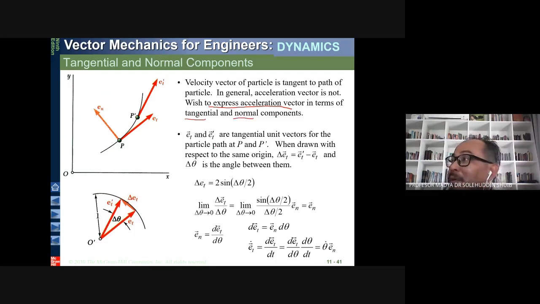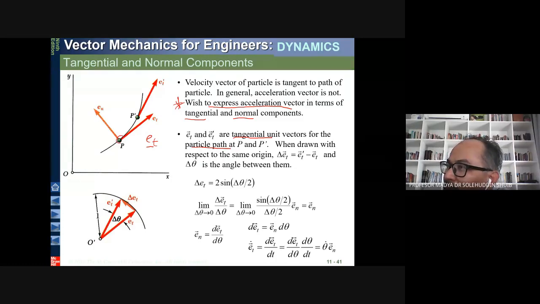This is what we intend to do. So we have here ET, which we call the tangential unit vector for particle path P.